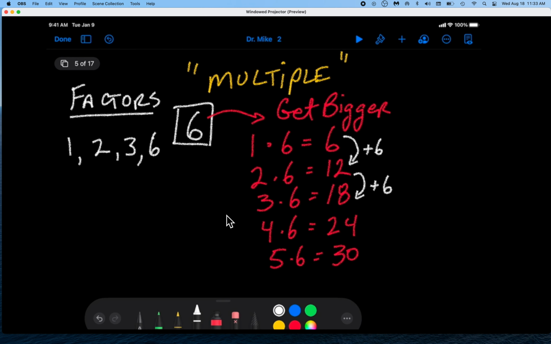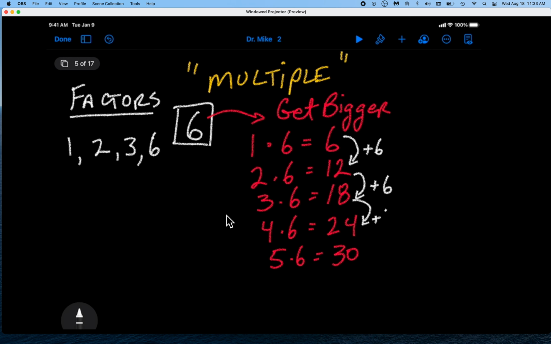Namely, add 6 to the preceding number. So if we add 6 to 18, we're going to get 24. If we add 6 to 24, we get 30. We could add 6 to 30, that would give us 36. Or we can continue with this progression and now do 6 times 6, which we know to be 36.